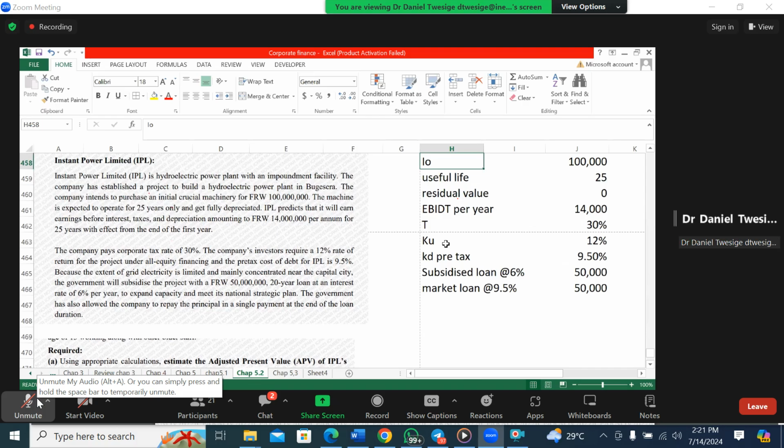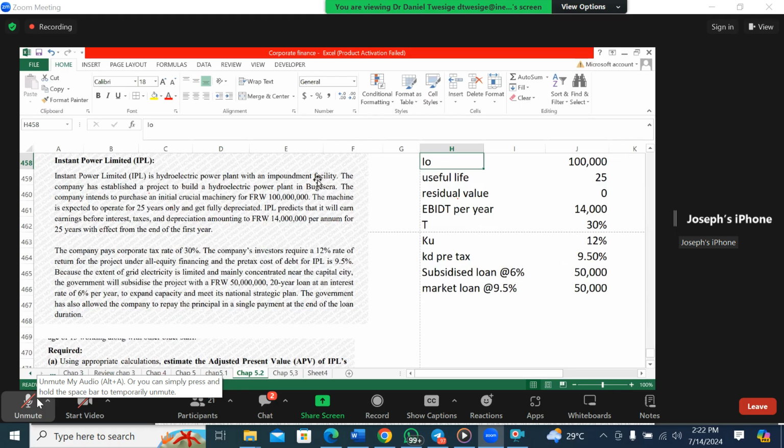They are saying the investment is going to be financed by debt, of which the government is giving us 50 million. So how much are you going to finance within the market loan? Is it 50? Okay. For me, I'm not seeing that. Where are you reading?